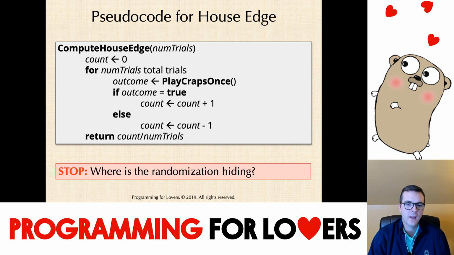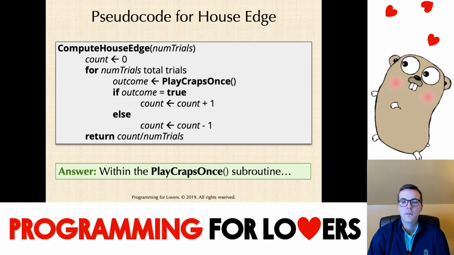We could slow down and say, there's no randomization in that function. Where exactly is it hiding? If it's not in this function, it must be in that play craps once subroutine. This is an illustration of something that we'll see multiple times throughout the course, which is that often the details are buried within subroutines, and that can help us write code because we're not worried about details at the start.